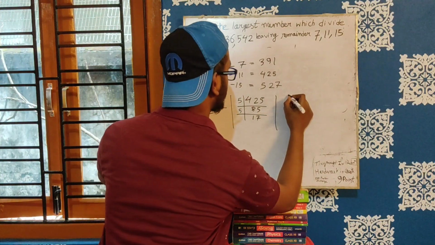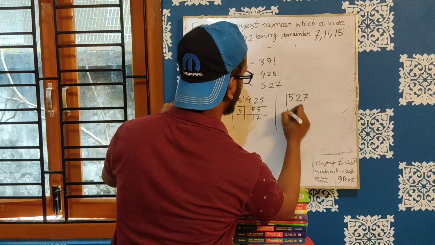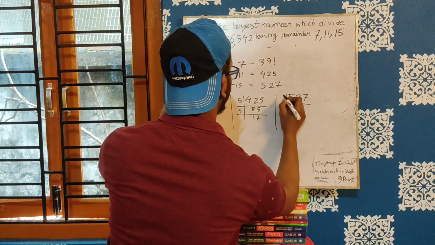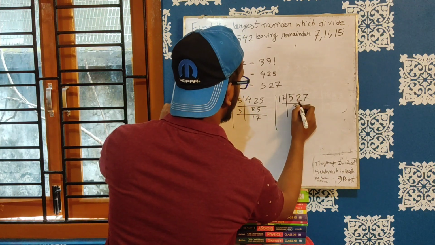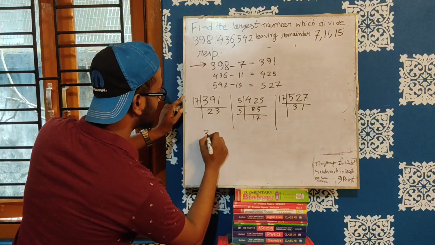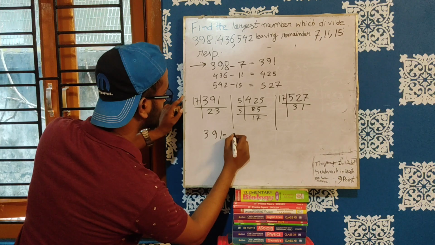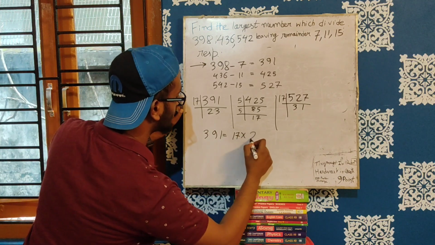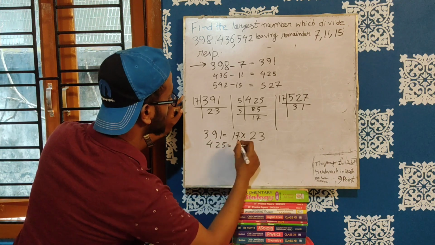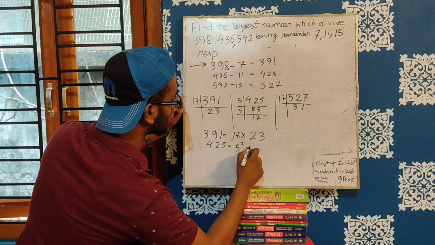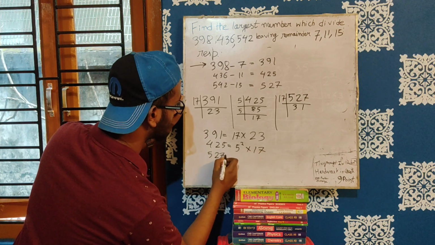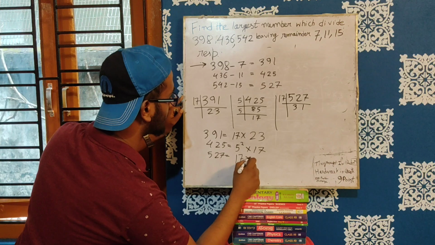Now 527, let's try with 17. 17 times 31 is 527. So 391 is 17 into 23, 425 is 5 square into 17, and 527 is 17 into 31.